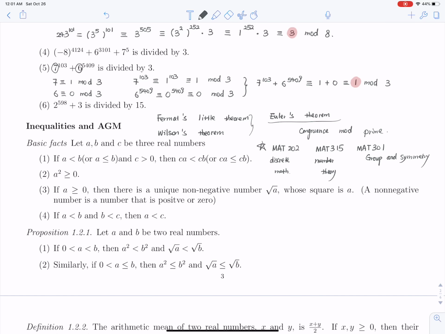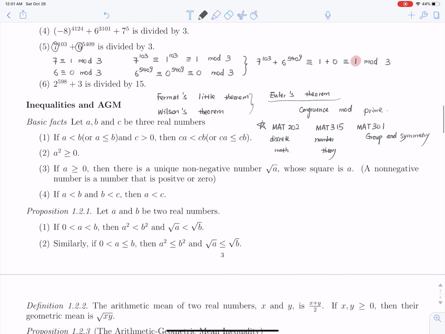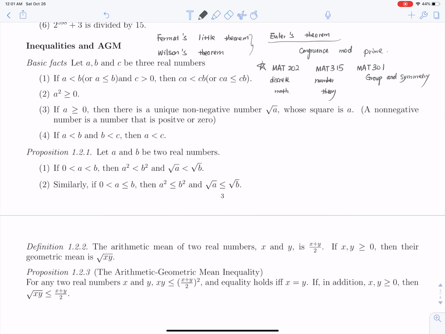Okay, anyway, let's continue. The next topic is inequalities and AGM. Again, I don't want to emphasize it too much, but those three topics are really, really important. Inequalities, I know a lot of you are taking calculus or analysis.